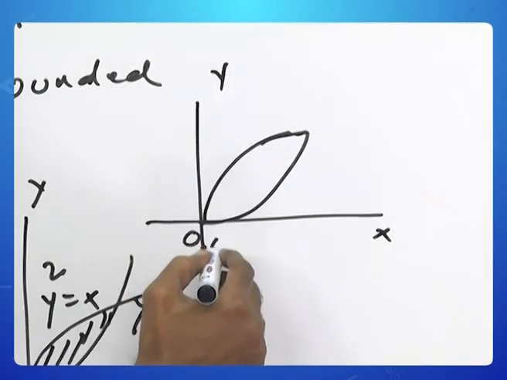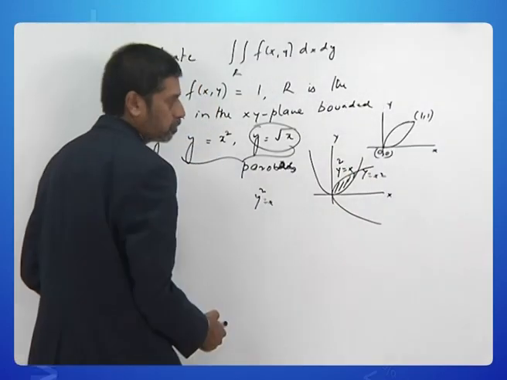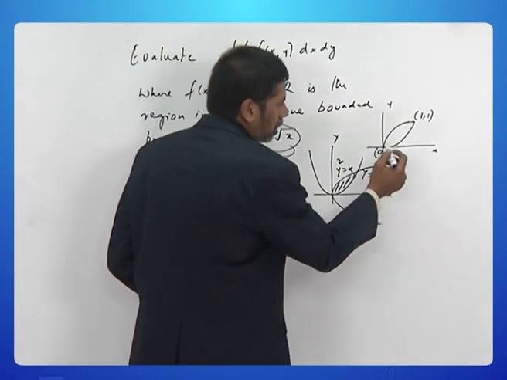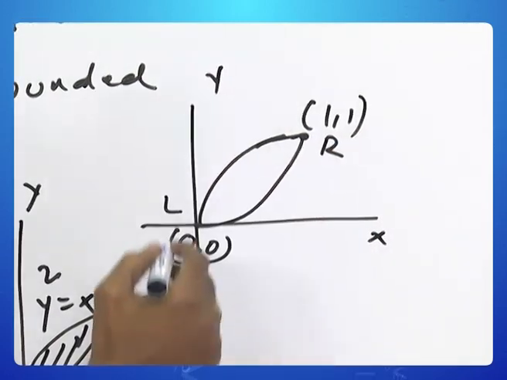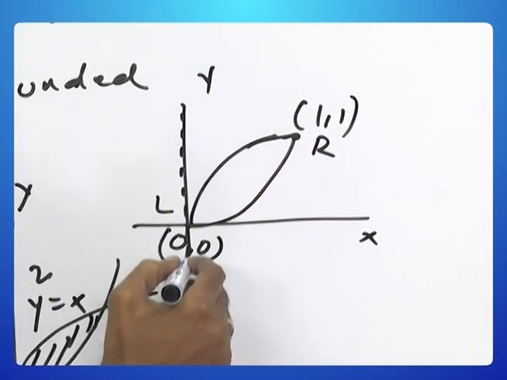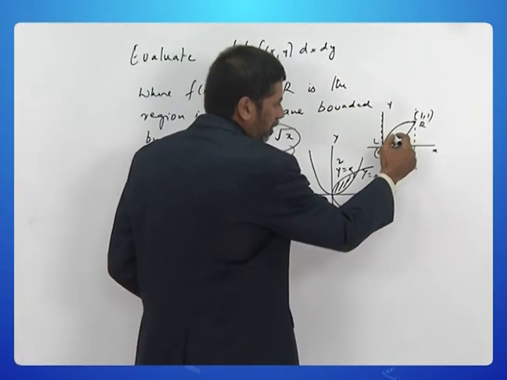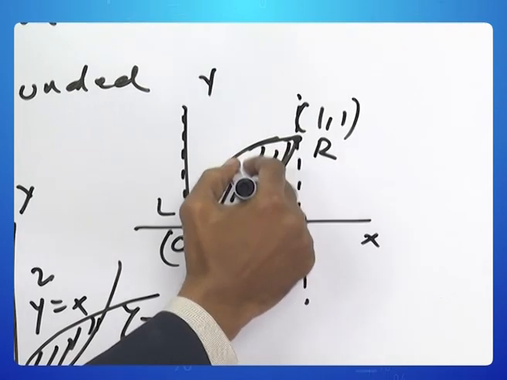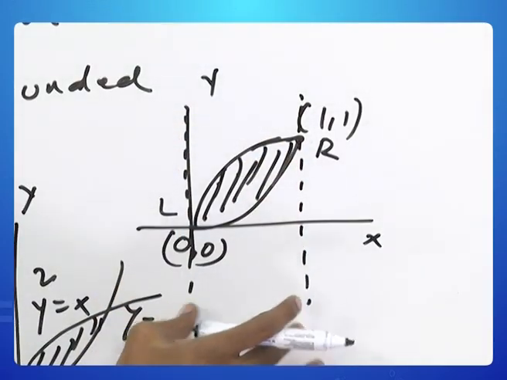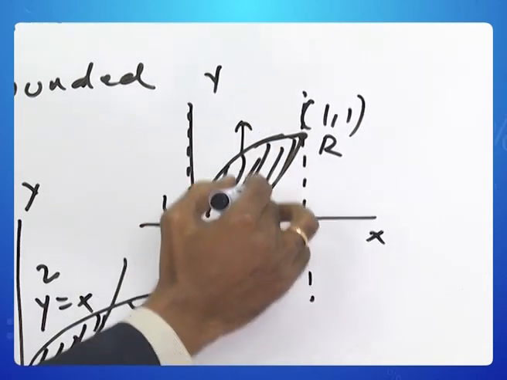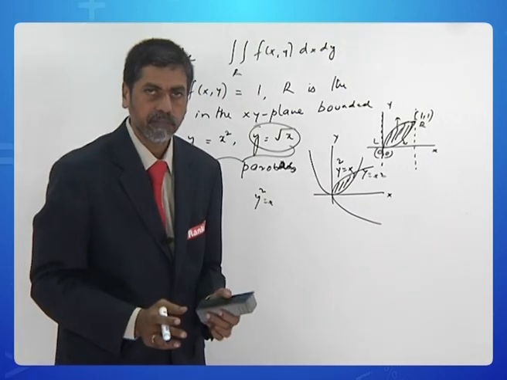Now the points of intersection are 0, 0 and 1, 1 because both will satisfy both the equations. So I'll call this the leftmost point, I'll call this the rightmost point, and then I will draw vertical lines. You will find that between these two vertical lines, the upper curve and the lower curve are not intersecting anywhere in between.